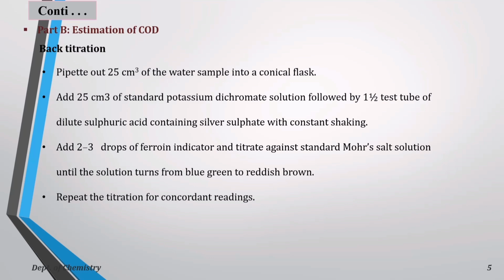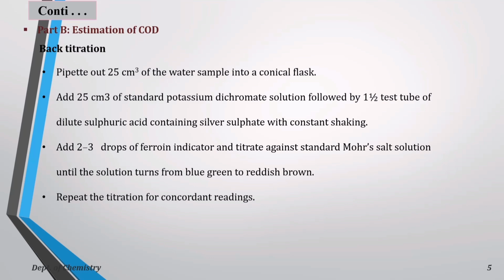For this, first we have to pipette out 25 ml of the wastewater sample into a conical flask. Then add 25 ml of standard potassium dichromate solution. To that, add 1.5 test tube of dilute sulfuric acid containing silver sulfate with constant shaking or stirring.